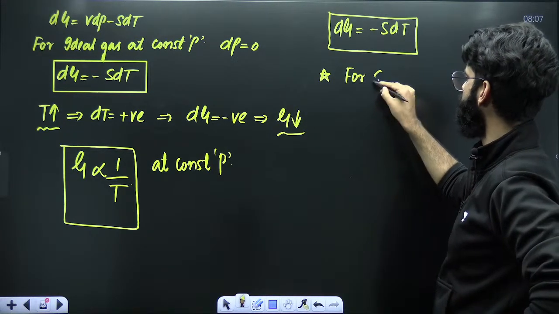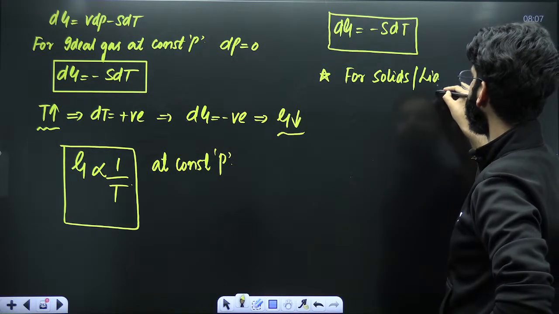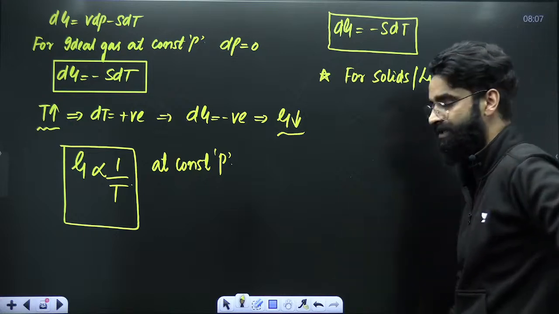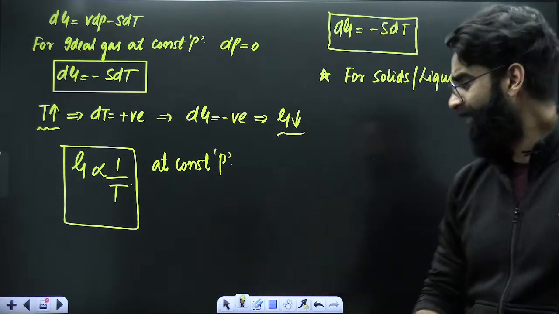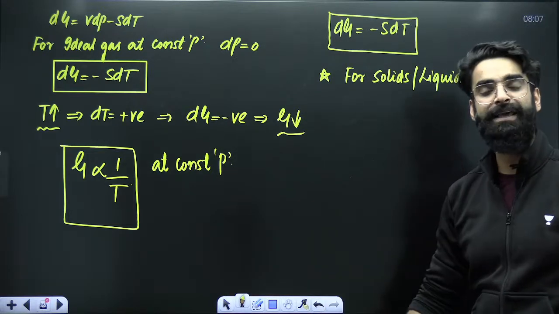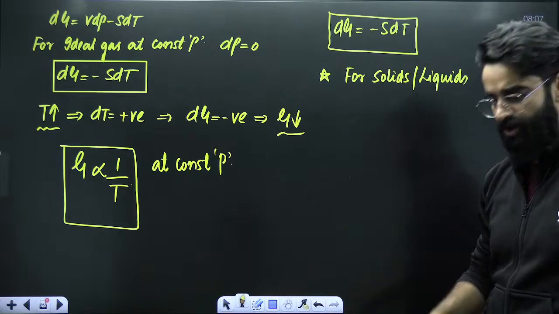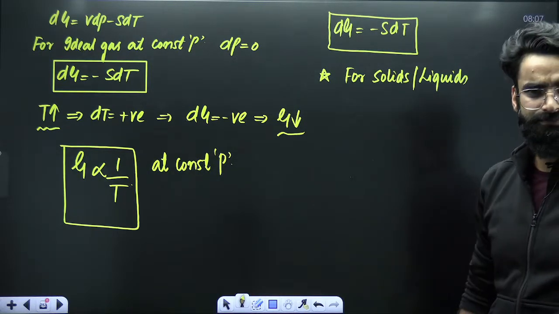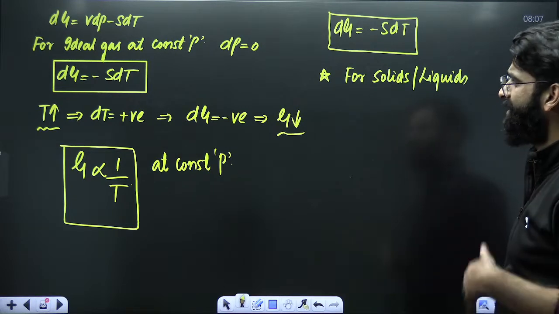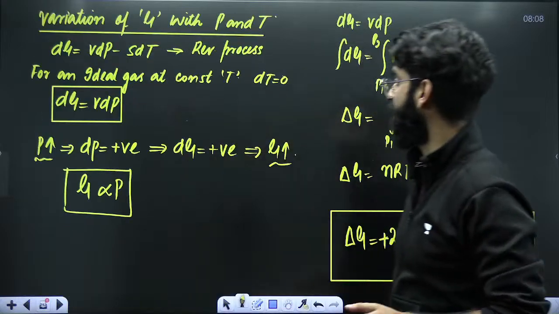Now, if you have solids or liquids, if your system is not the ideal gas, what will happen? For solids and liquids, when you increase or decrease the pressure of the solid or liquid, I'm talking about this particular case.